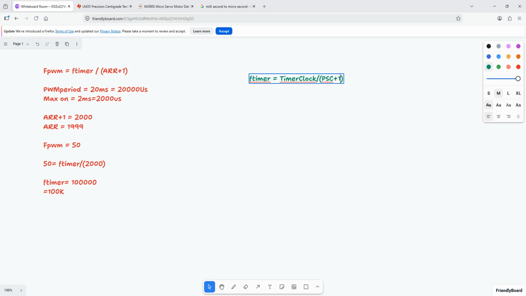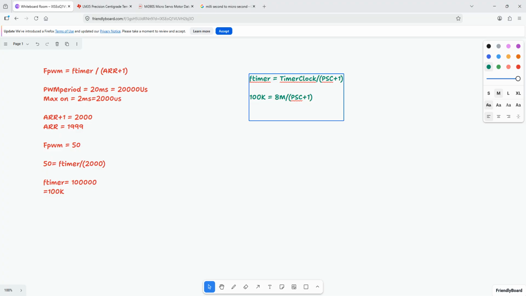Here we have to calculate the value for PSC. So let's put in the other values: this one is 100k, and the timer clock will be 8 megahertz, which we are going to configure on our own, divided by prescaler plus 1.